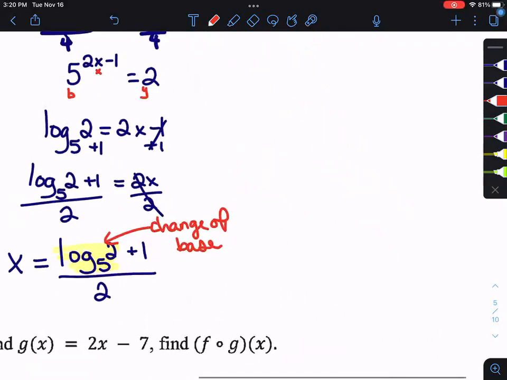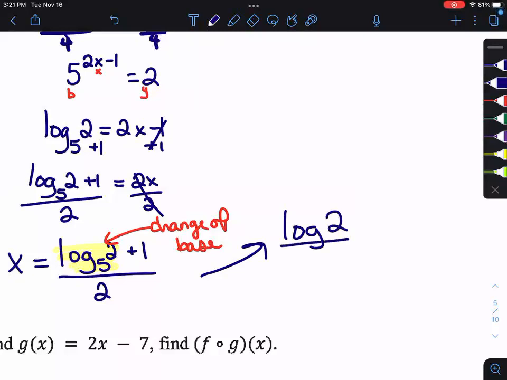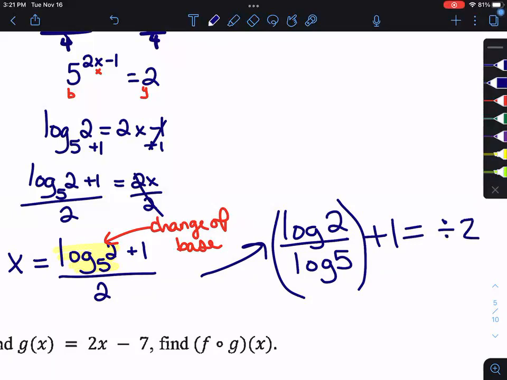So the tricky part happens on this problem when you go to type this all into your calculator. So in your calculator, you're going to want to take log 2 divided by log 5. That's your change of base formula. Plus 1. I would hit equals and then divide that by 2.